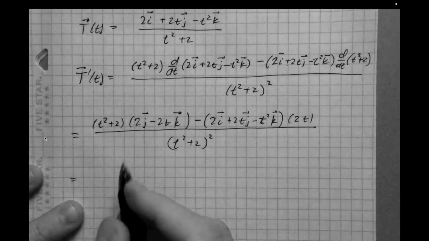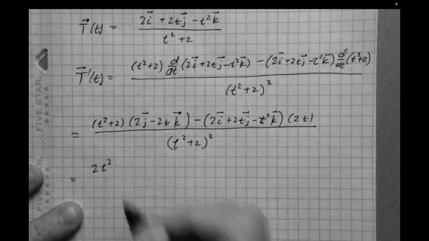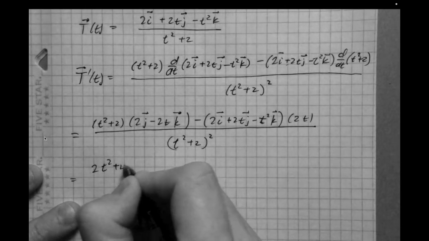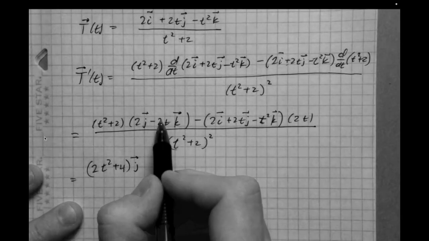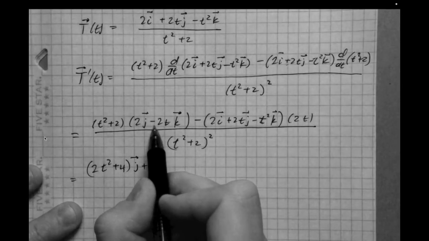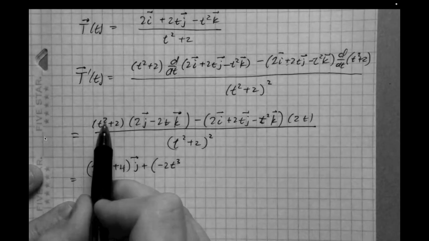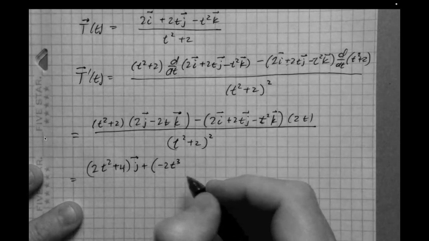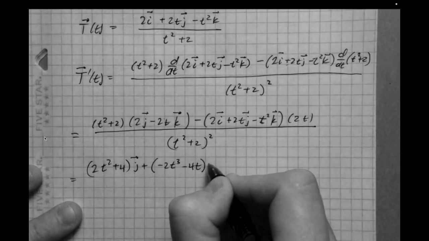Okay, so I get 2t squared plus 4, and that's times the j vector here. And then I get plus, and this will be negative 2t cubed, so this times that, and then minus 4t, that's times the k vector.